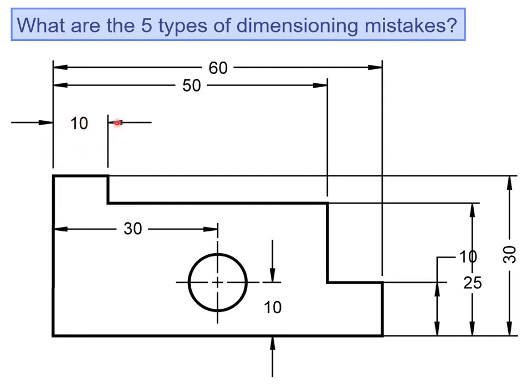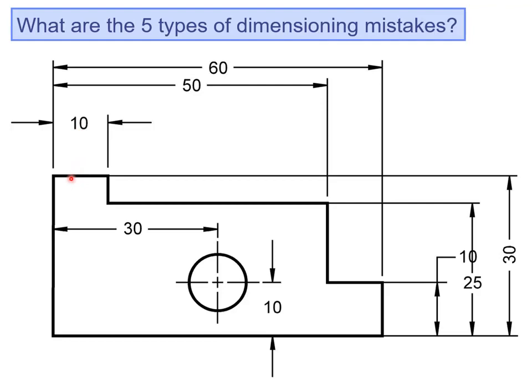I want you to notice that here you have a lot of space between the object and the first dimension. Again, remember we start off with small dimensions and work our way up to the higher dimensions. The first dimensions closer to the object should be the small ones, and you work your way up to the larger dimensions.